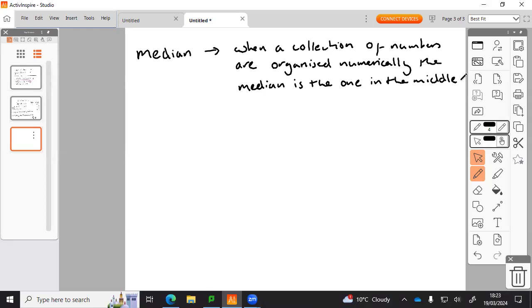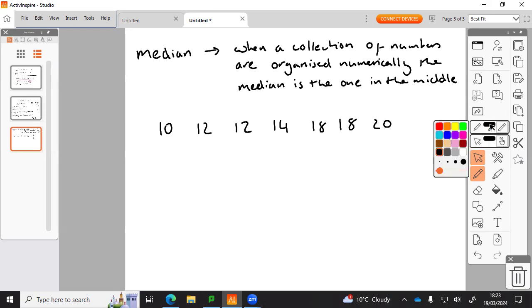That is literally as simple as that. So if we have the numbers 10, 12, and so on, if we've got those 7 numbers, the median is literally the one in the middle.